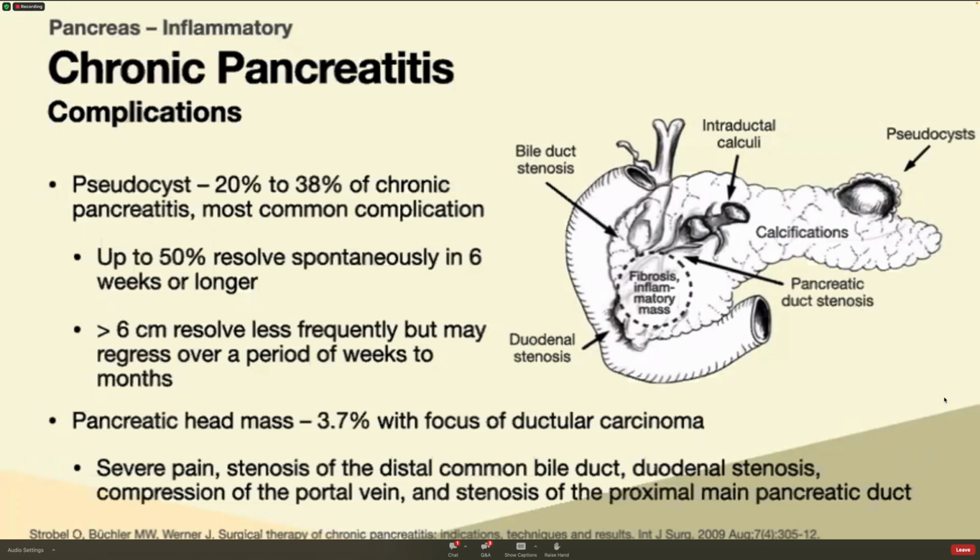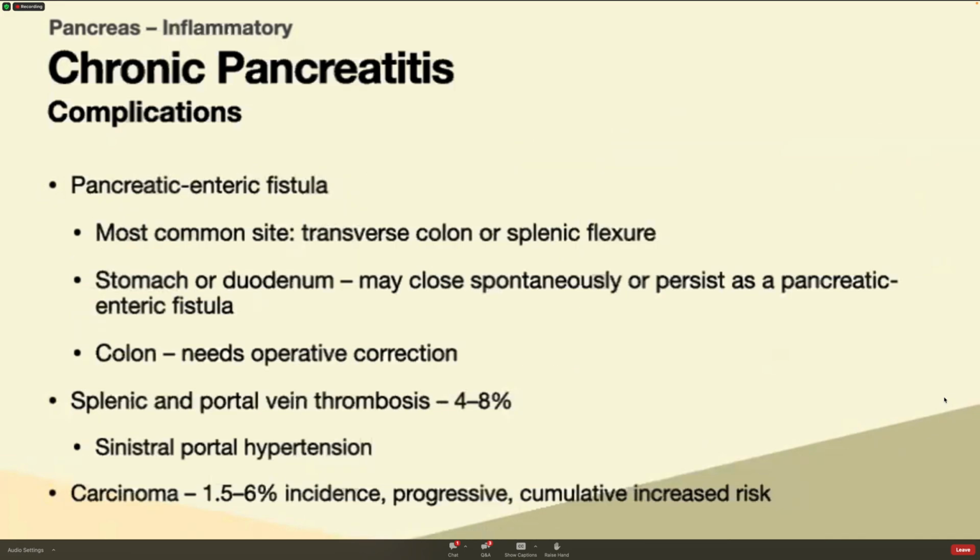There could also be bile duct stenosis and duodenal stenosis due to the presence of an inflammatory mass at the pancreatic head. And another complication is that this pancreatic head mass, which is inflammatory, can have a focus of carcinoma in 3.7%. Other complications include pancreatic enteric fistula, splenic and portal vein thrombosis, and as mentioned earlier, carcinoma.